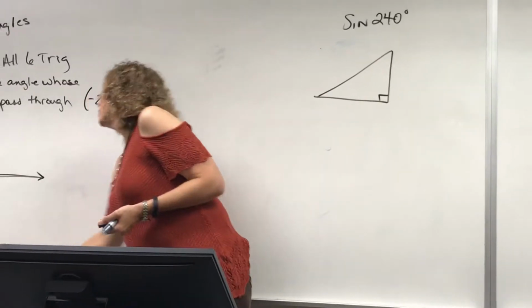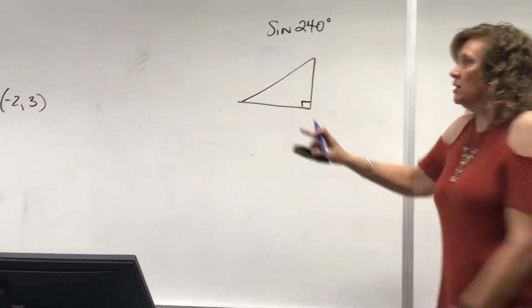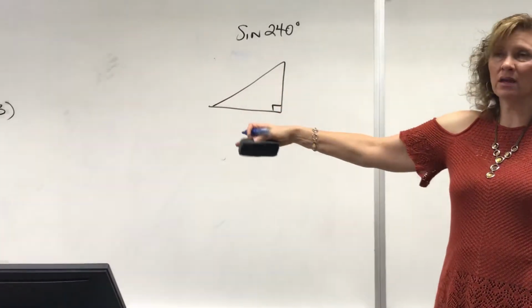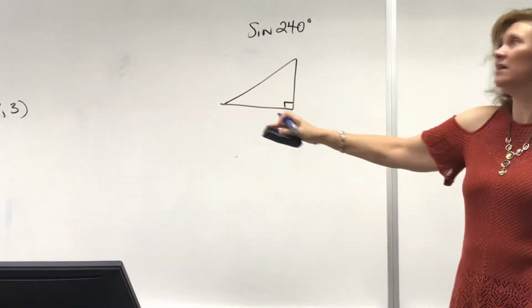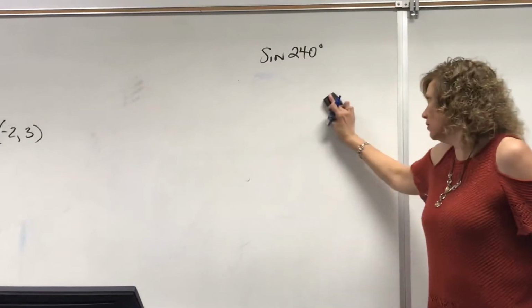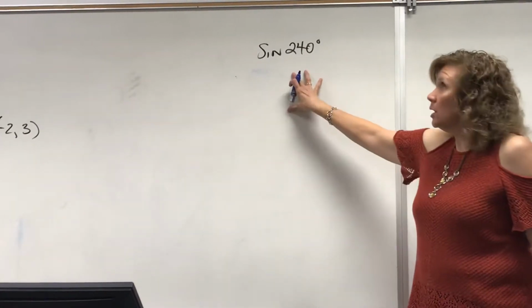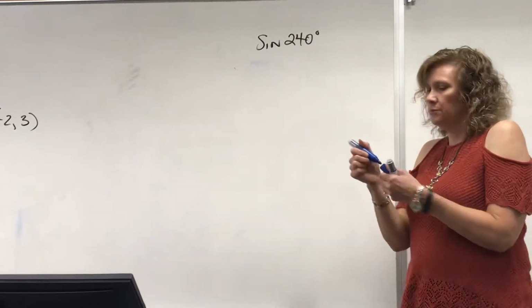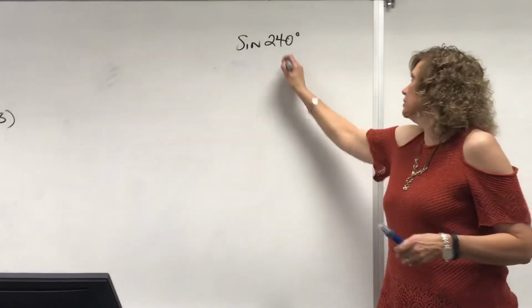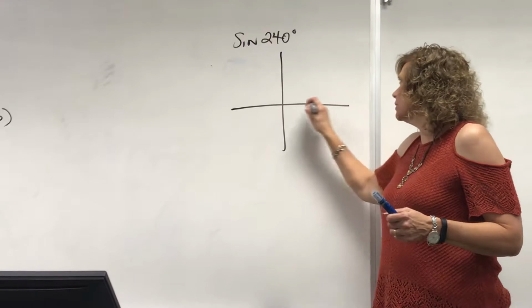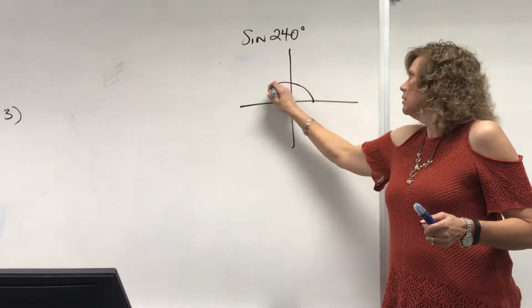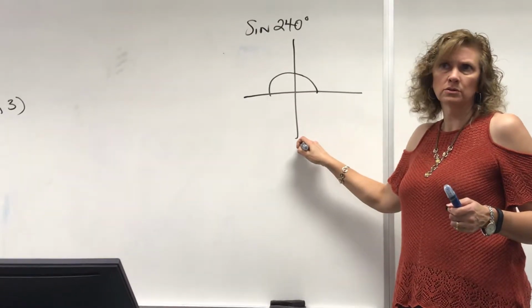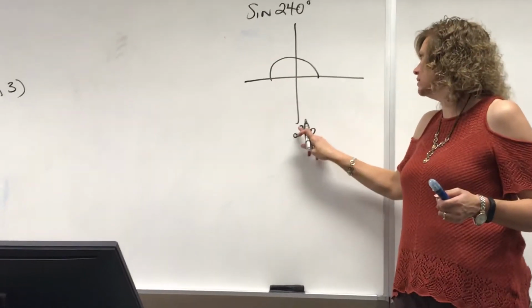In this case we had a point that the ray went through, and we don't know anything about the angle, so we're not going to find the angle. This one we do know the angle, which is another kind of problem you're going to be doing today. To draw 240 degrees, it's positive, so we rotate that way. 180, and down here is 270, so we're not going to go that far.